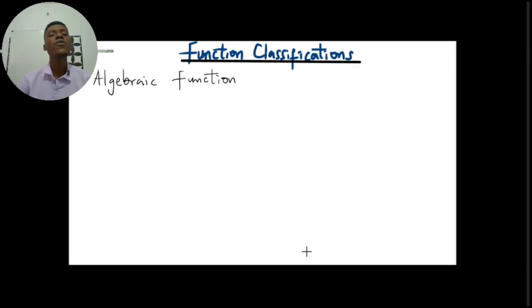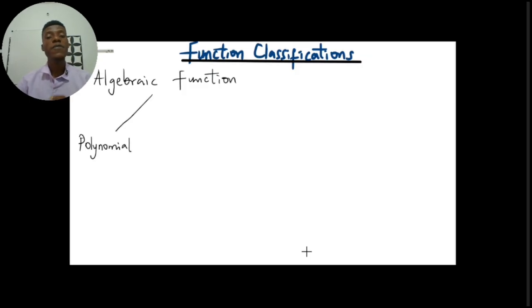Other classifications of functions. The first one is the algebraic function. When you say algebraic function, we have 2 kinds of functions under the algebraic function. The first one is the polynomial function. When we say polynomial function, it means every function that the rule is defined in a polynomial form. Also, rational.